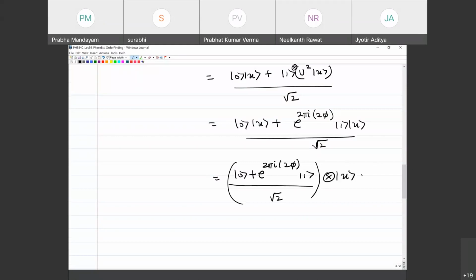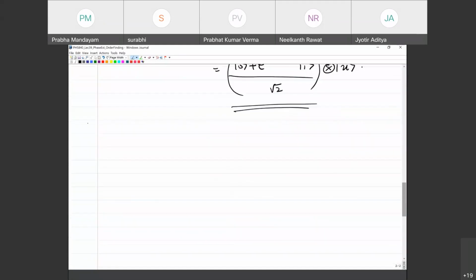So this will continue like this until you can see that on the first data qubit, the action of lambda, U raised to 2 to the t minus 1.